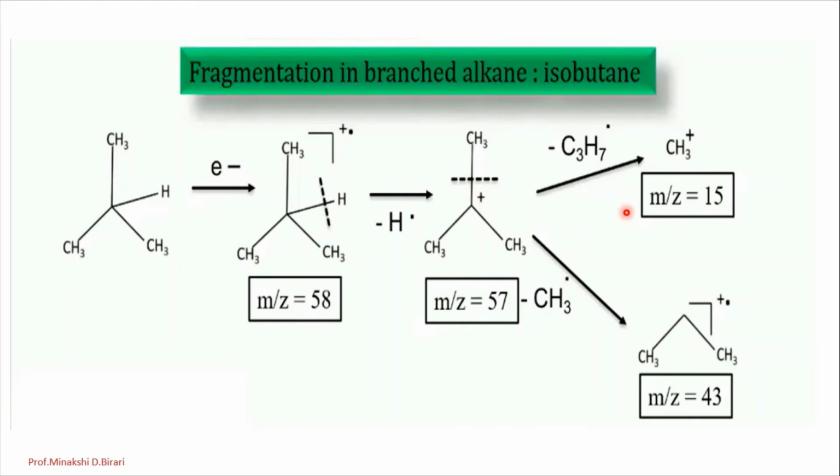Therefore, the molecular ion of the branched chain alkane is converted to a stable carbocation, and the intensity of the molecular ion is less as compared to straight chain alkanes. Now let us see the mass spectrum of the branched alkane, that is isobutane.